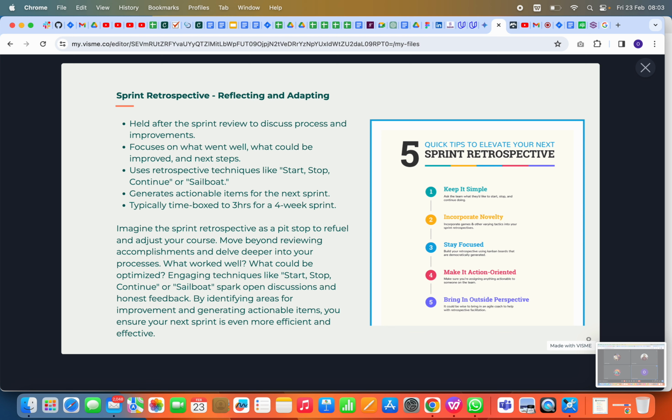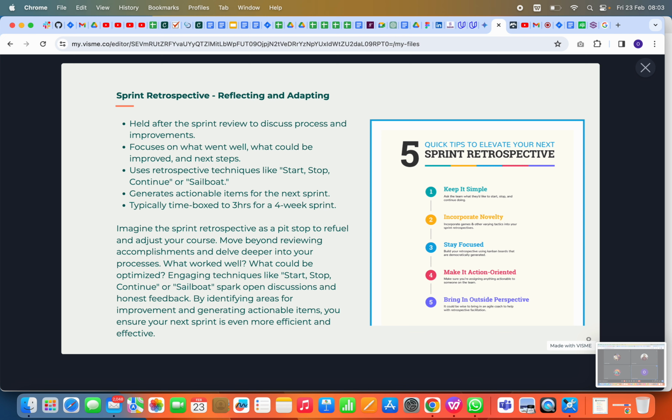What worked well? What could be optimized? Engaging techniques like start, stop, continue, or sailboat will spark open discussions and honest feedback. By identifying areas for improvement and generating actionable items, you ensure your next sprint is even more efficient and effective.